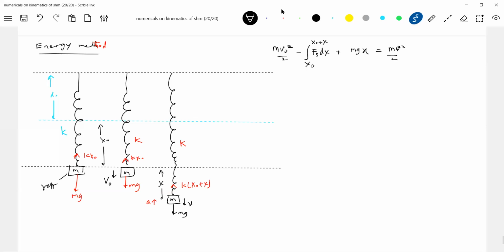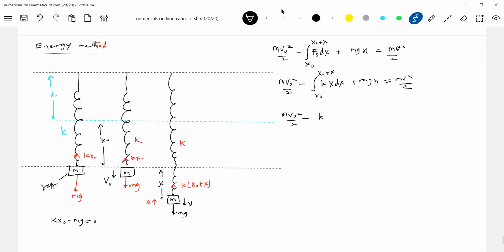Okay, let's get into the calculation part. Initially, this is very important, write it. So what is the spring force? Kx dx. Or shall I write kx naught? No, spring force, let it be kx. The limits are what we are taking care of.